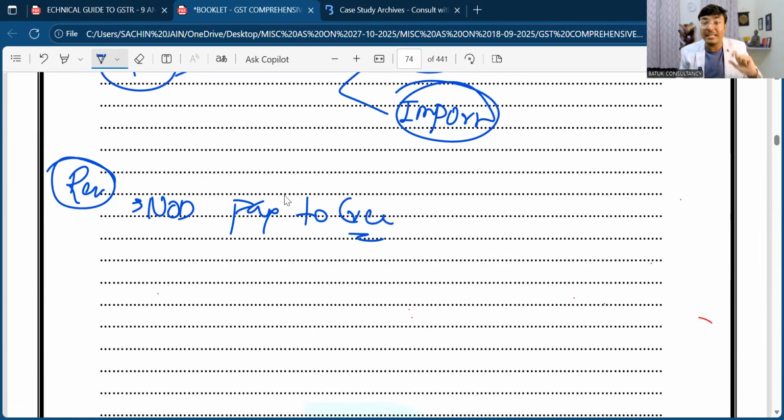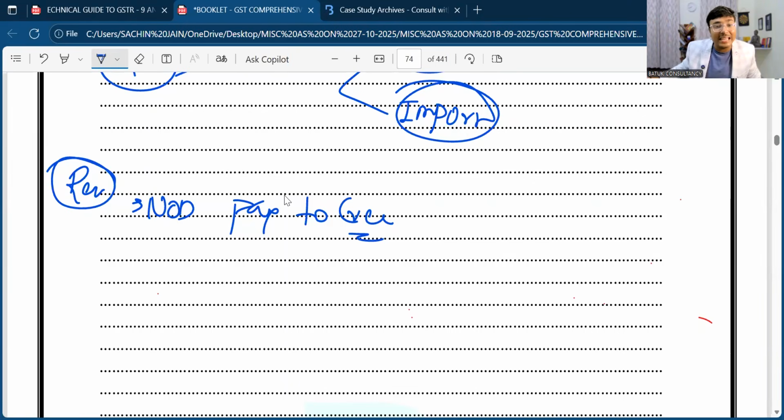Sir, there may be chances that there is a head office and the head office has taken the centralized services on behalf of the whole industry. In that case, the head office has to transfer the input tax credit to the various branches in the ratio of turnover. And when the head office transfers the input tax credit, the ITC will be available in the branches.